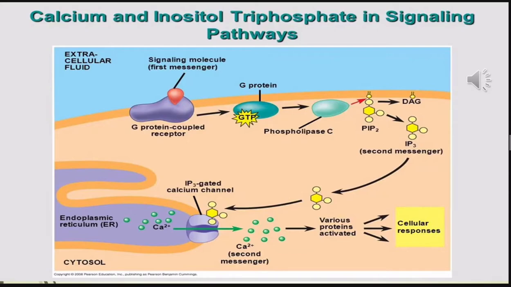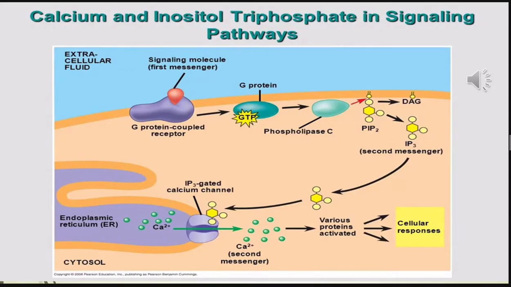On the slide here is an example of how calcium acts as a second messenger. It starts off with a G protein coupled receptor. This would activate, of course, your G protein as well as your phospholipase C, leading to the release of inositol triphosphate, which is your second messenger.